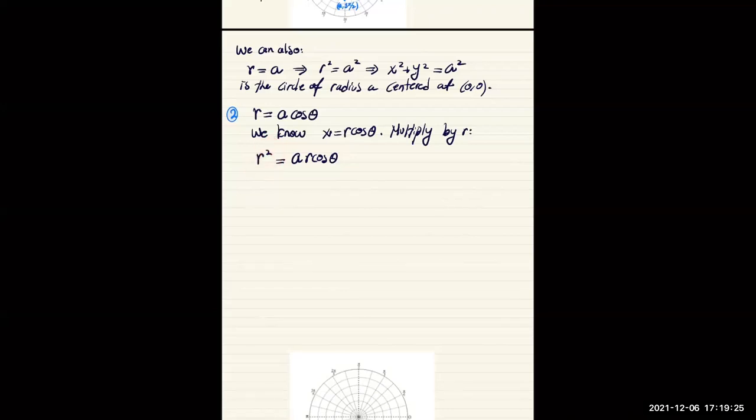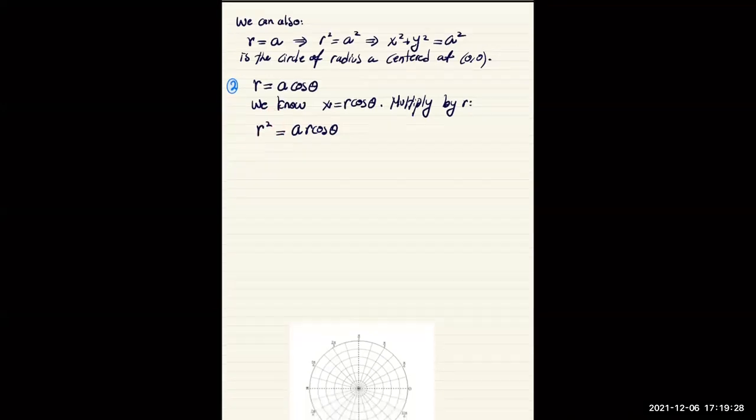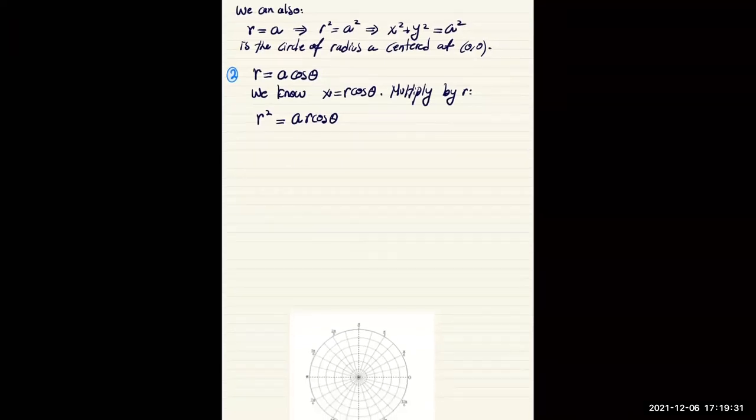The transformation rules tell us that r squared is just x squared plus y squared. On the right-hand side, we have a, and r cosine theta is just x, so a times x. Now we have the rectangular form of the same equation: x squared plus y squared equal to ax.